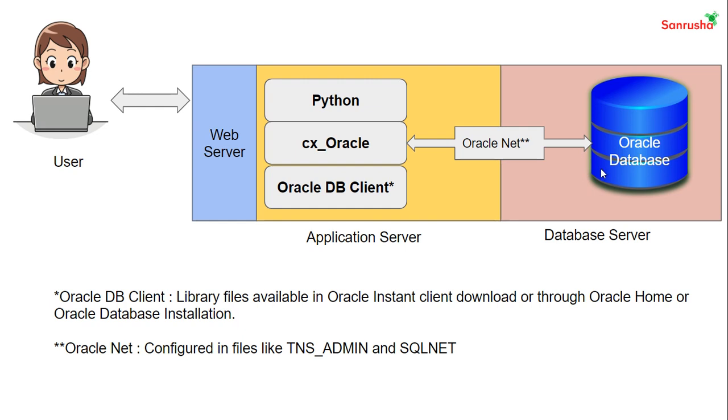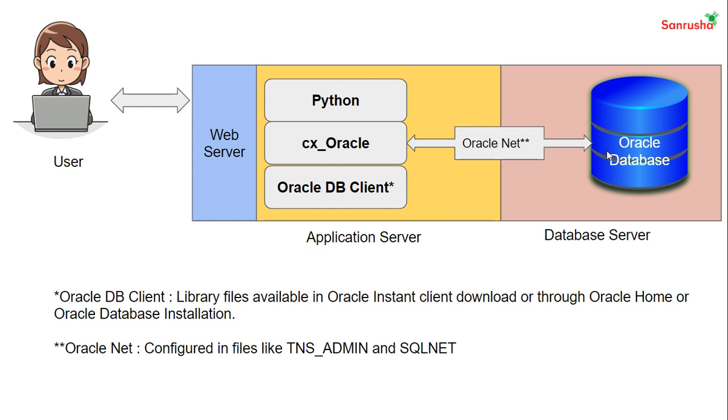Well, this course is about Python application development on Oracle database. So it's very clear that Python and Oracle database are involved in any system which is built using Python on Oracle database.